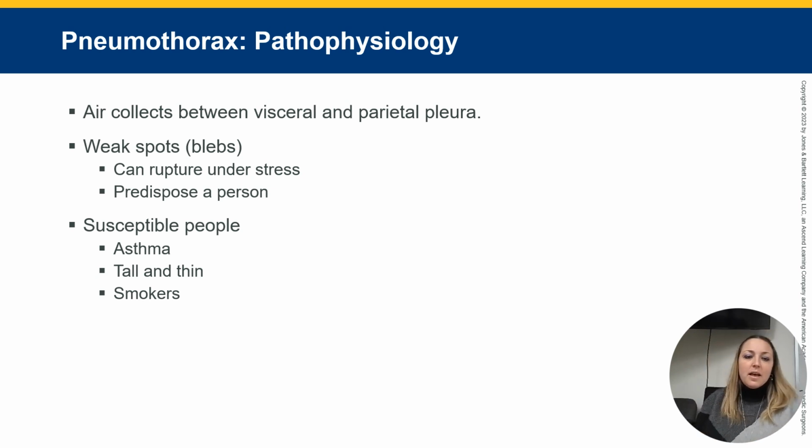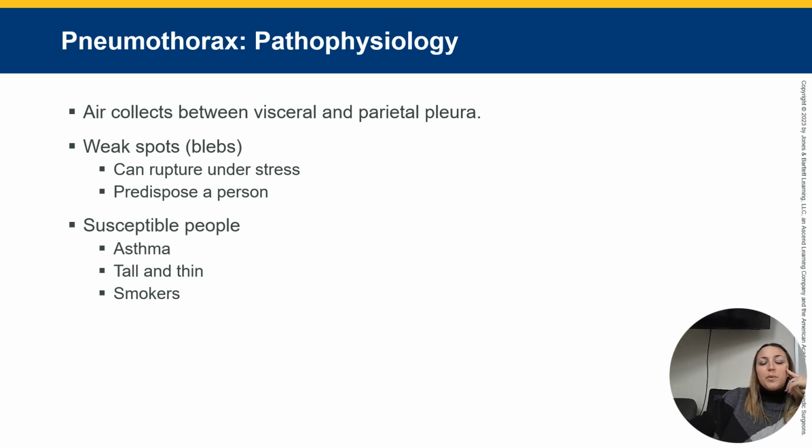Some of the spots where a pneumothorax is more likely to occur is in those blebs, or in those weak spots. And those spots can rupture when they're under stress. COPD patients are more likely to get a pneumothorax from positive pressure ventilations, especially aggressive positive pressure ventilations, because of those blebs.